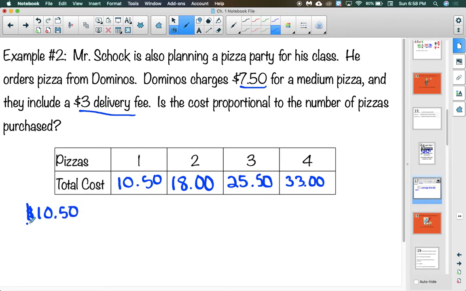Lucky for us, that's already a unit rate or a unit price, so we can move on to the next one. The next one is $18 for 2 pizzas. And if we want to turn this into a unit rate, we have to divide both the top and the bottom by 2. And when we do that, we get $9 per pizza.